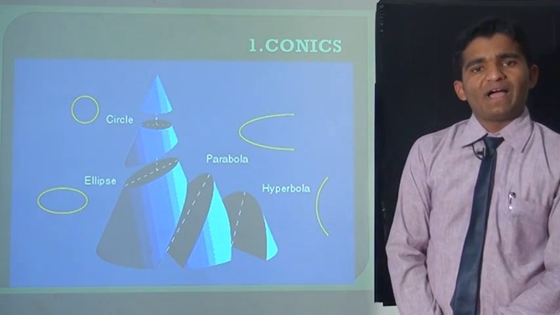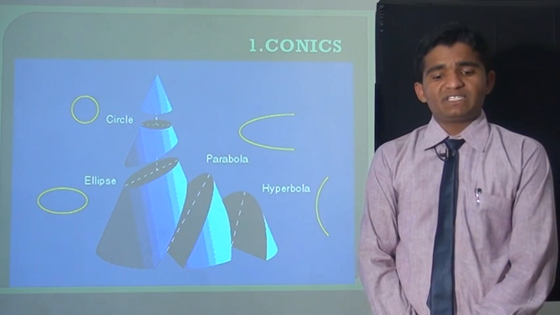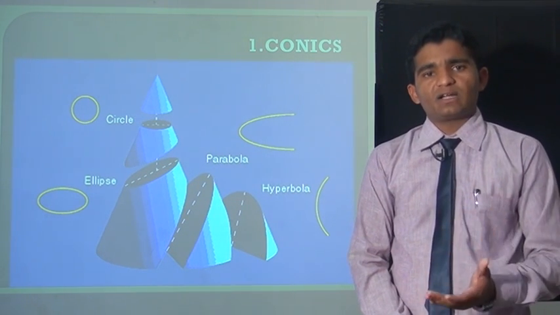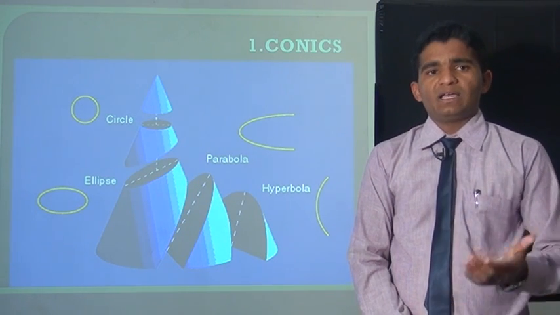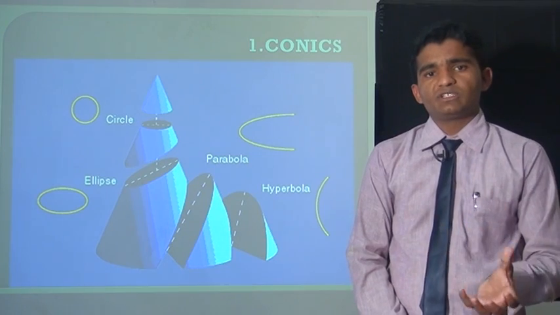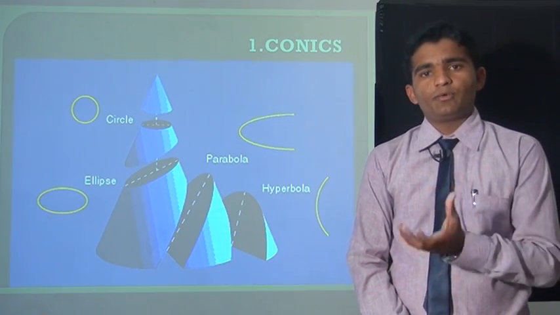Now let's move on. Why does the name conics come up? This name comes up because these curves, the circle, ellipse, parabola and hyperbola, we get from the cone by putting a cutting plane.